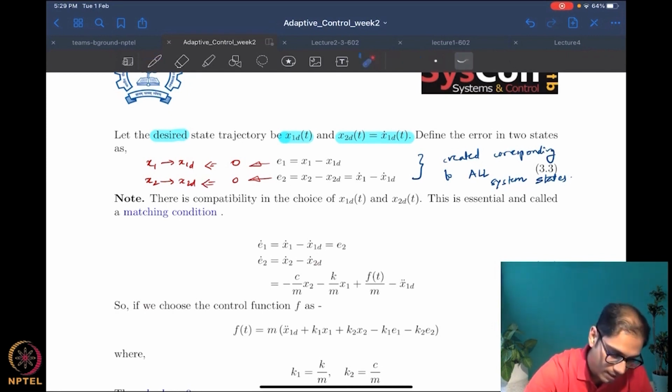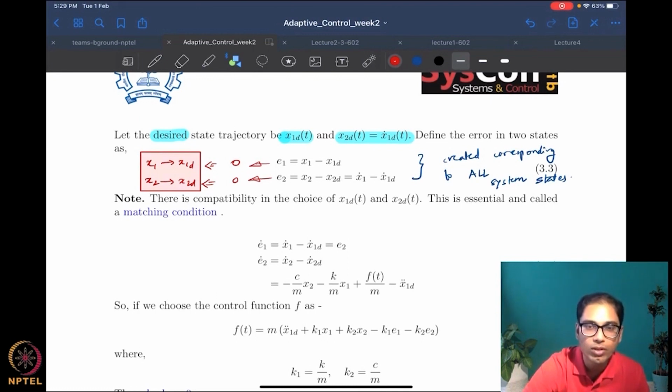And this is precisely my tracking objective, that I want my true quantities to go to the desired values. I hope this makes sense to all of you, because this is what we do in all of nonlinear control and adaptive control.